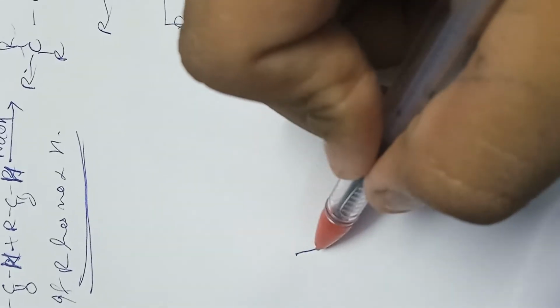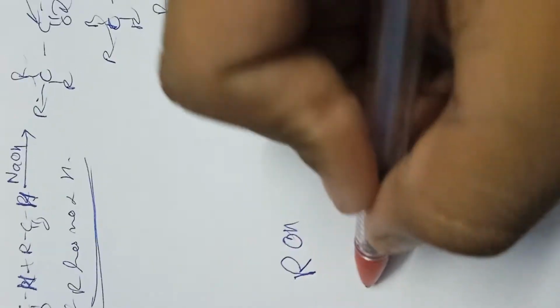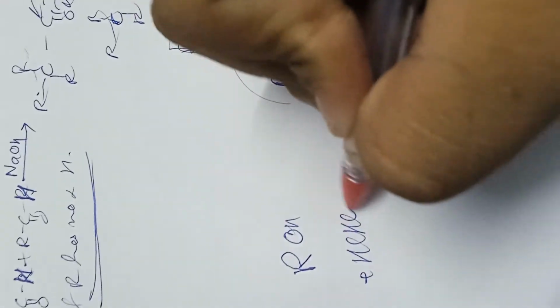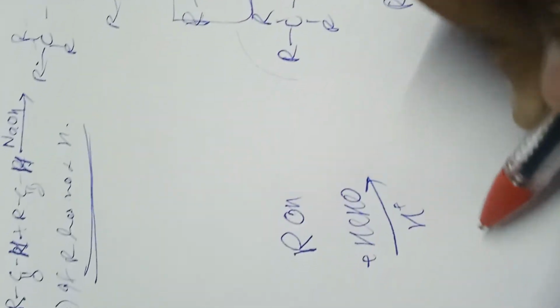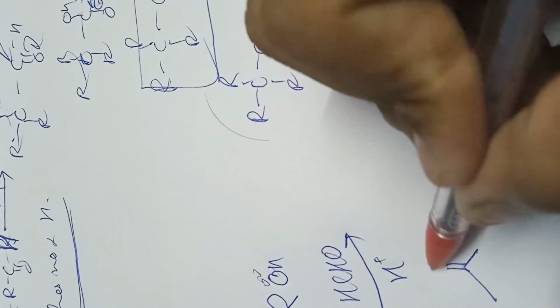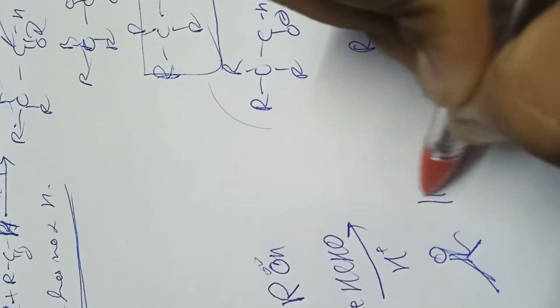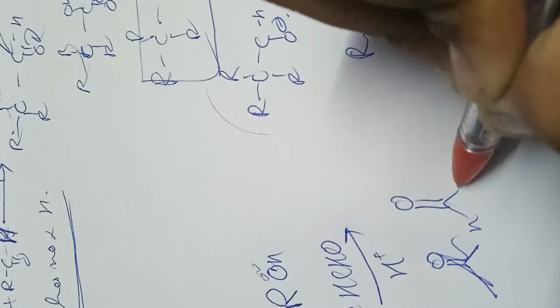And the third reaction is kind of this: if I have ROH and I add formaldehyde in it in presence of H plus, then we can see this reaction like this. Formaldehyde is like this, H here, H here.